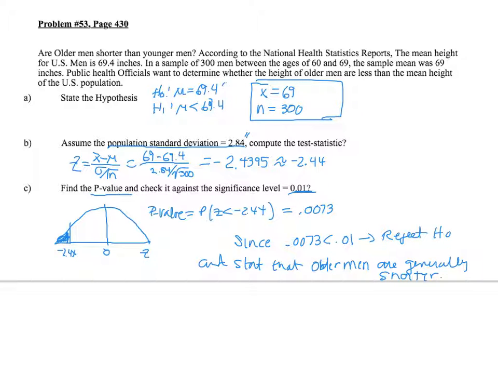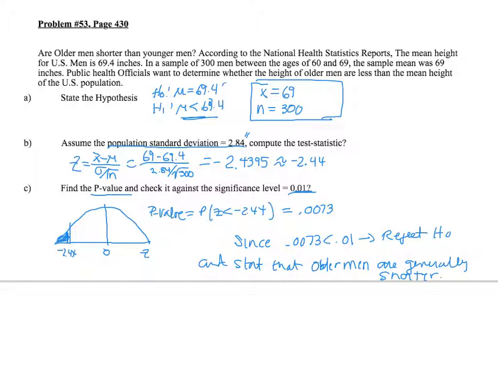Also, typically when we reject H naught, we do a confidence interval. We have to be careful on the confidence interval for the alternative being less than a certain value, because the upper end of the confidence interval could just be touching.